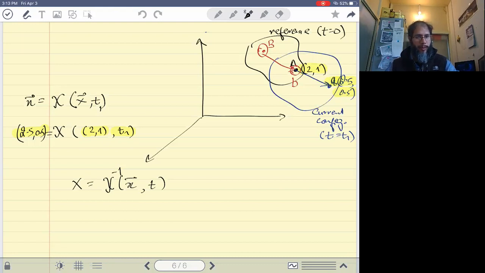That if I give you a position in space and a time, you can tell me exactly what material point is lying there, or you can tell me the reference coordinate of that point. So that's the inverse function, which is called the function kappa inverse.